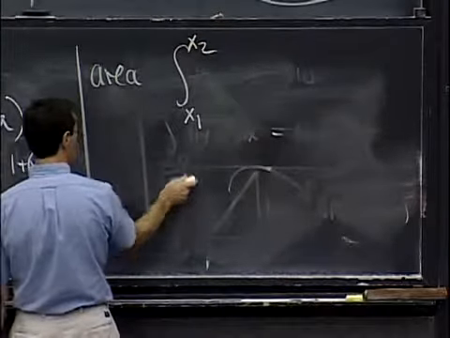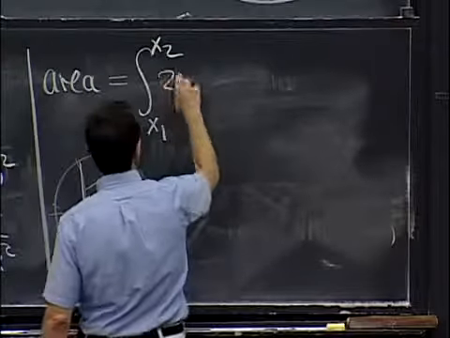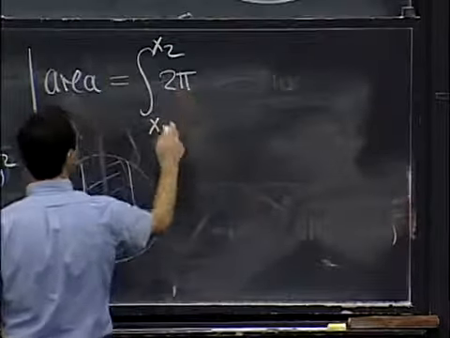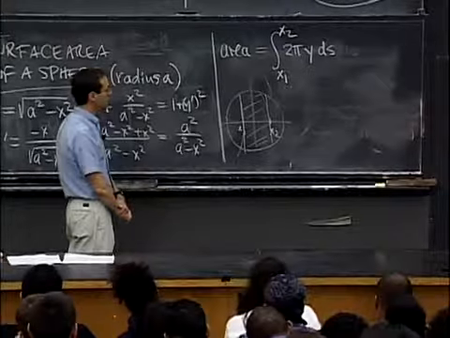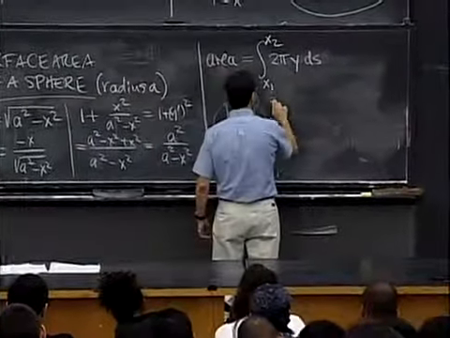And what is it going to be? Well, so I have here 2 pi times y. Just leave it as y for now. And then I have ds. All right, so that's always what the formula is when you're revolving around the x-axis. And then I'll plug in for those things.